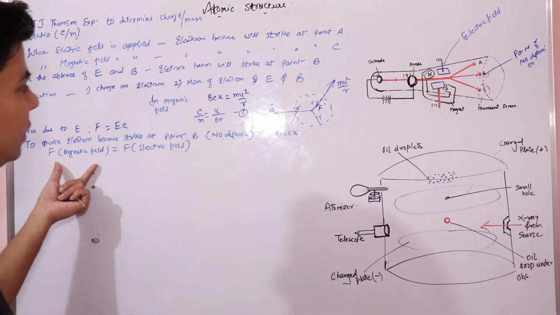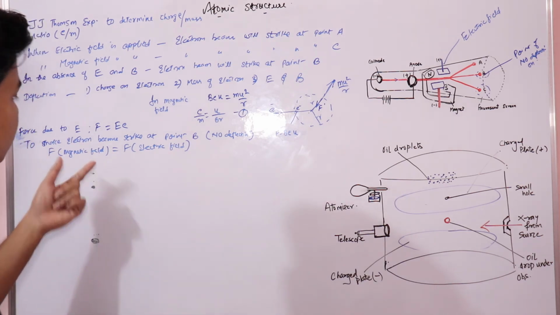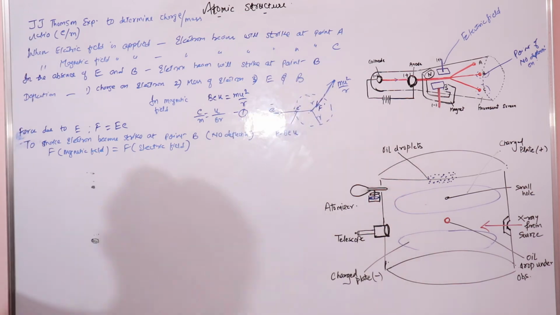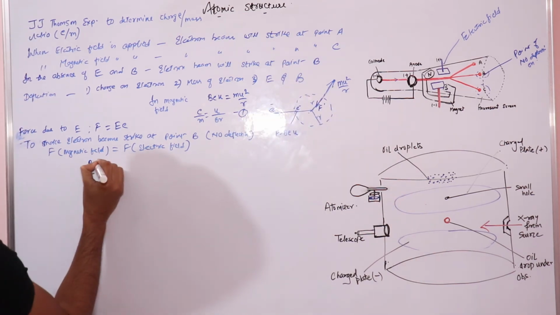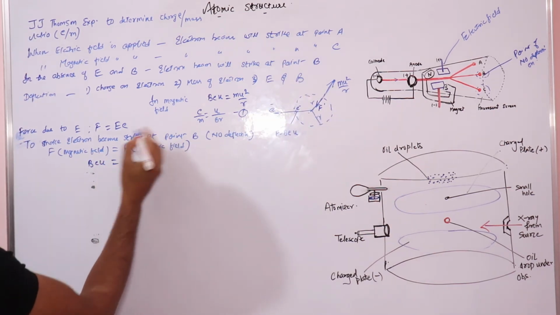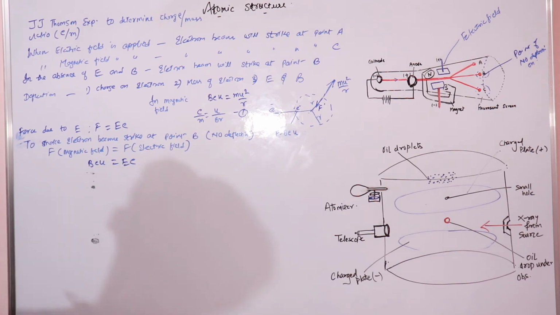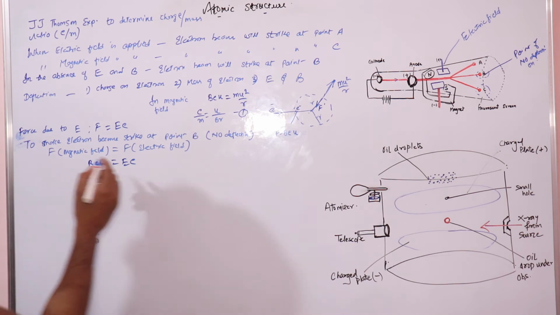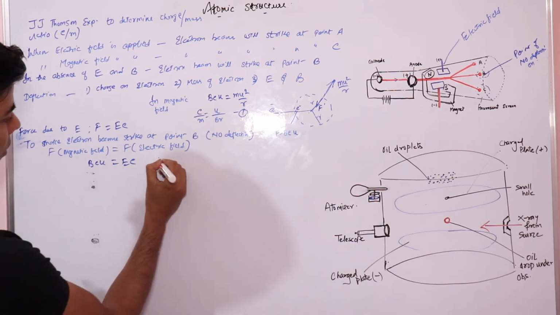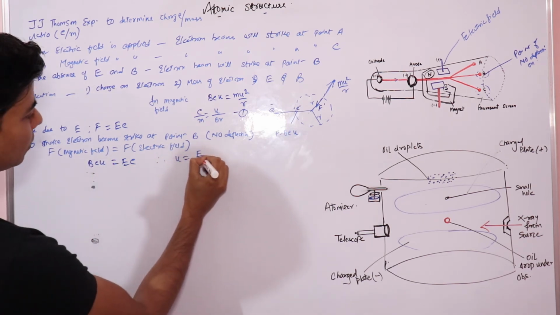Force due to magnetic field is BeU, and force due to electric field is eE. So from here we get the value of U is equal to E upon B. e will cancel out, therefore U is equal to E upon B.